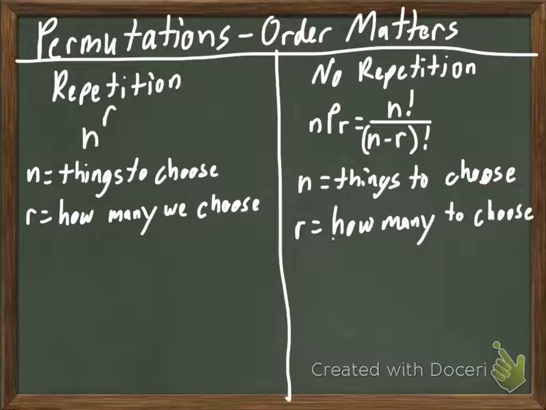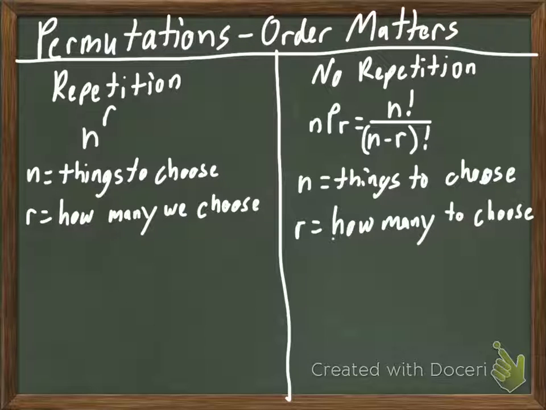No repetition is different. It's like when you're drawing from a deck of cards. You draw out a card, and there's only one 7 of hearts. There's no other repetition of a 7 of hearts. There's just one of them. And we get nPr, which is shorthand for the formula n factorial divided by n minus r factorial, where again n is the things we have to choose from and r is how many we are choosing.